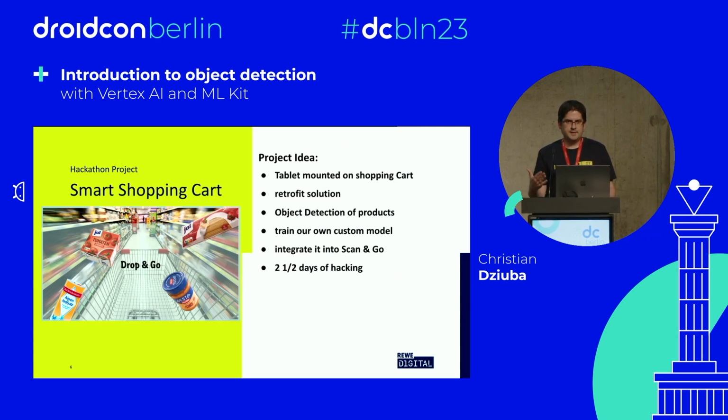The camera will detect which product was added to the cart. You can add it to existing shopping carts, so it's like a retrofit solution. We tried it with object detection. We trained our own model because there was no pre-trained model for our use case, and we integrated it into the existing Scan and Go solution. We had 2.5 days for this hackathon project.